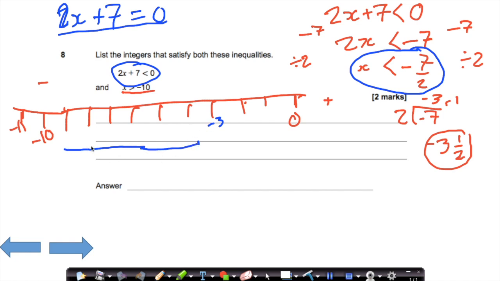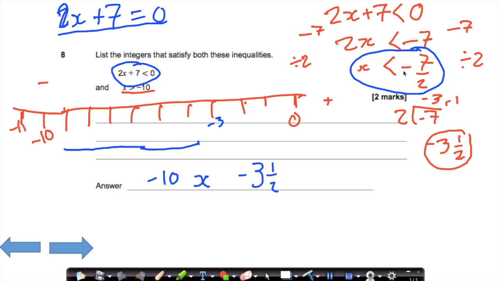So it's got to be somewhere in this blue region here. And we can define it by saying x is between these two values here, minus 10 and minus 3.5.